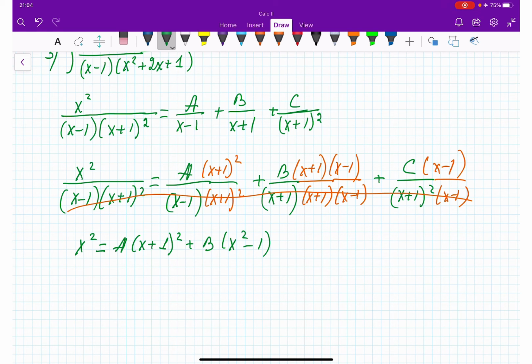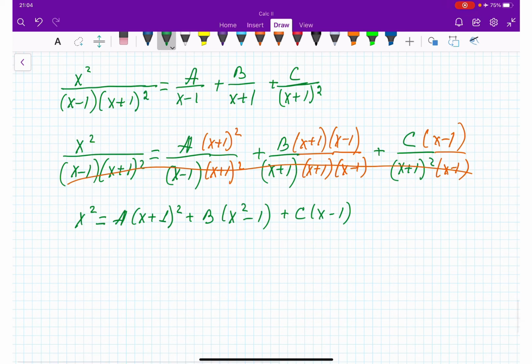If we need it, we'll open up again. And plus c times (x minus 1). Okay, well, let's open up and figure out how much is a, how much is b, how much is c.